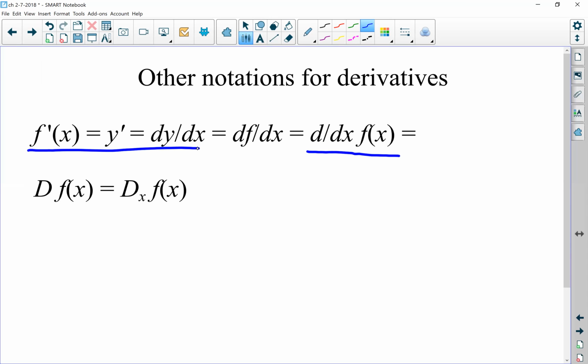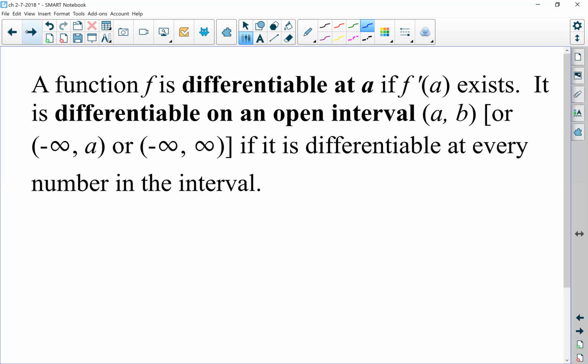The difference between the fifth one here, d over dx, we haven't taken the derivative yet. The rest of these are saying the derivative is equal to, and then whatever's after the equal sign. A function is said to be differentiable at a if f prime of a exists.